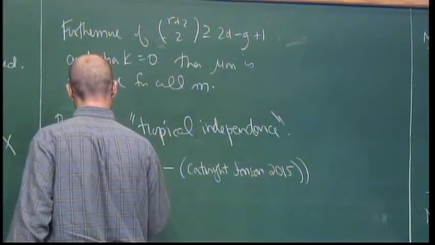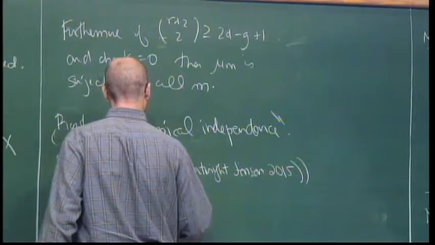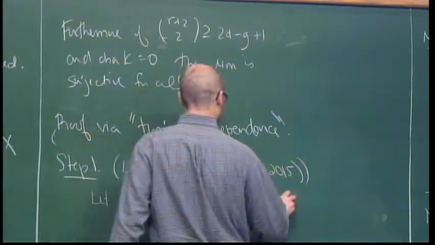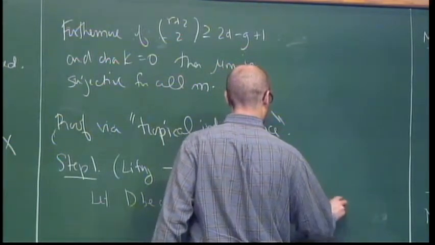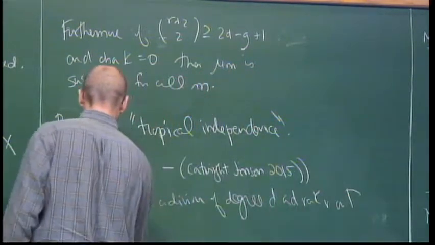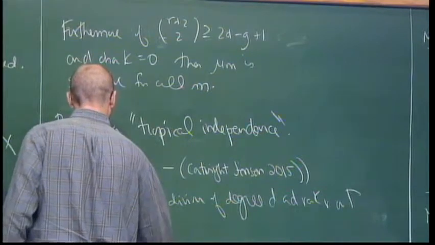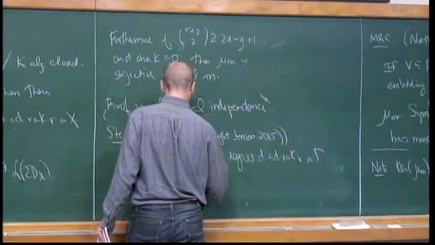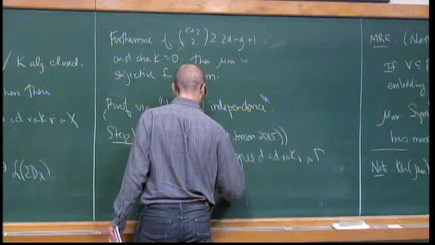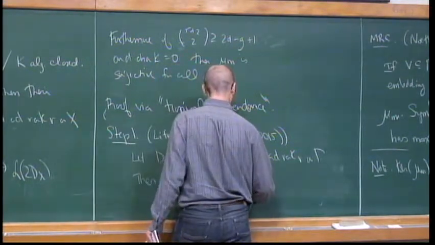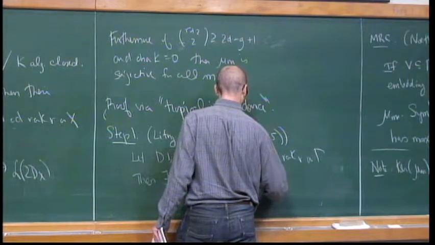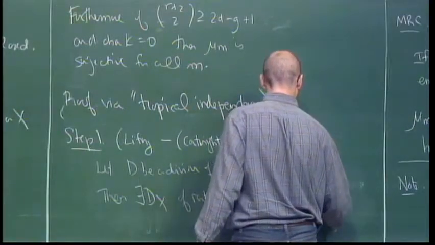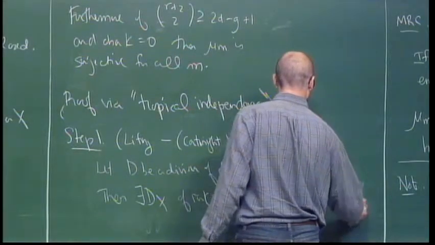And so the statement here is let D be a divisor of degree d and rank r on gamma. Then there exists dx of rank r on x such that D is the tropicalization of dx.